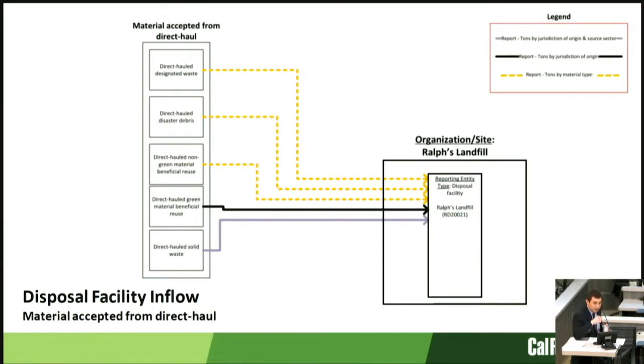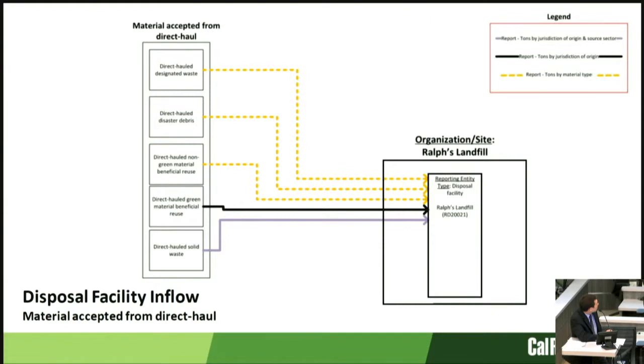Okay, so this is material that is accepted from direct haul. Like the transfer processor, you would report these as an aggregate for all the tons of direct haul accepted. Taking a look at the top here, direct haul designated waste and direct haul disaster debris. You're recording the tons. The material type is already specified in the name of the stream.